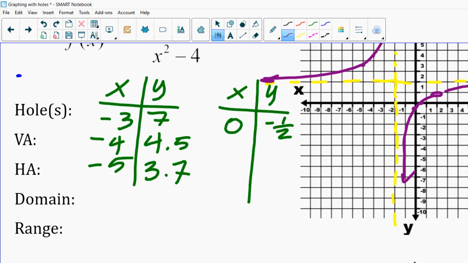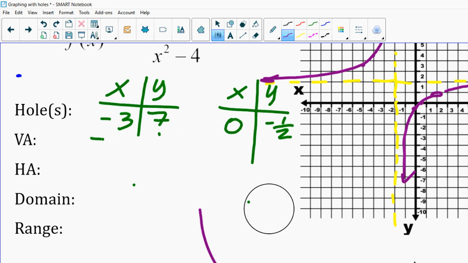Now let's get our domain. Remember, we're reading left to right for domain. You're starting at negative infinity. What's the first x value that's left out? Negative 2 is left out.